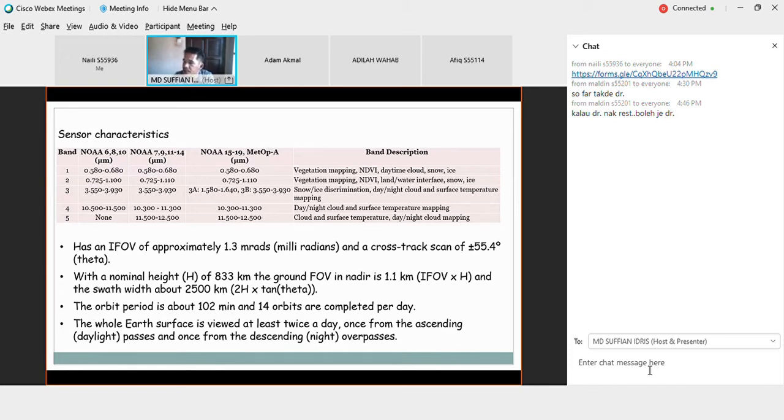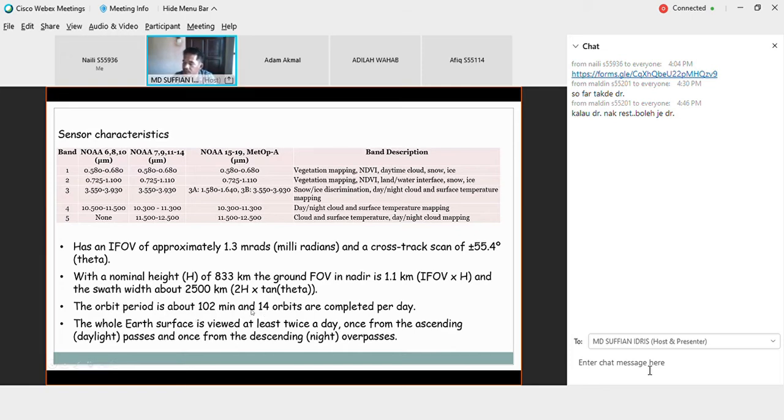Okay. So that's why sebab dia punya ketinggian dia, okay, adalah 833. And then dia punya resolution is 1.1 kilometer. Okay, so dia punya instantaneous field of view dia is very small. Okay, untuk cover, untuk dapatkan resolution 1.1 kilometer. Okay. So the orbit period, okay, lebih kurang 2 jam, 1 jam setengah.